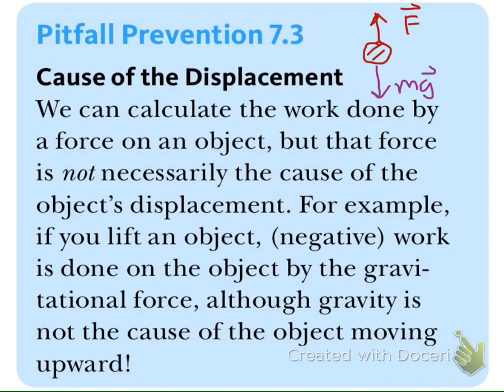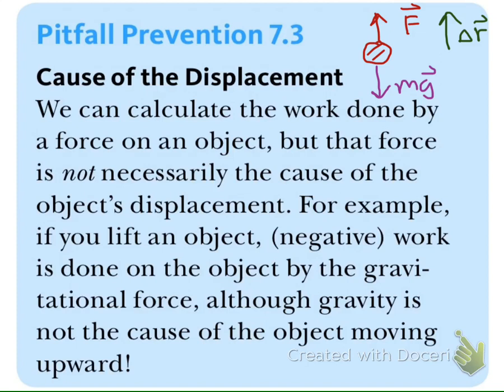If the object moves upward, the cause of the motion here is the force F. But we also have the mg, that we can look at as the environment exerting a force on this object. This force mg is not the cause of the upward motion of the object, but we can still calculate the work done by the gravitational force.